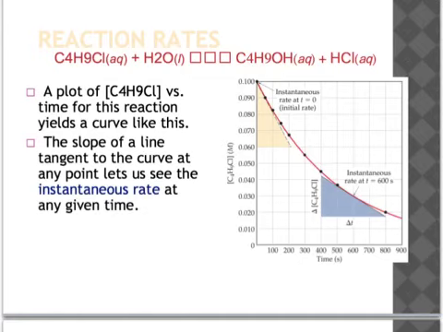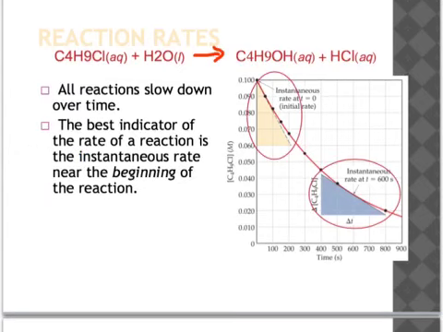And as it progresses, the rate of the reaction is going to decrease, and we're going to get a curve like this. If we take the slope of the line tangent to any point on the curve, that will let us look at the instantaneous rate at any point in time for a given reaction.